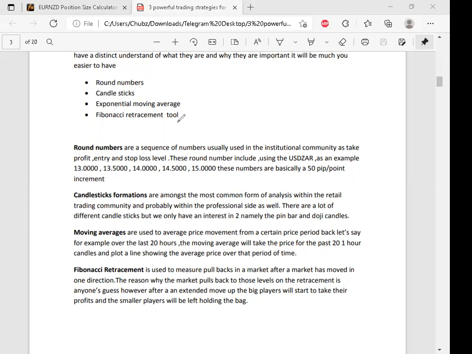So you have a really good idea when the market breaks above the moving average that it's moving above what the average has been. And if it moves lower, it's moving lower than what the average price has been, by breaking the moving average.